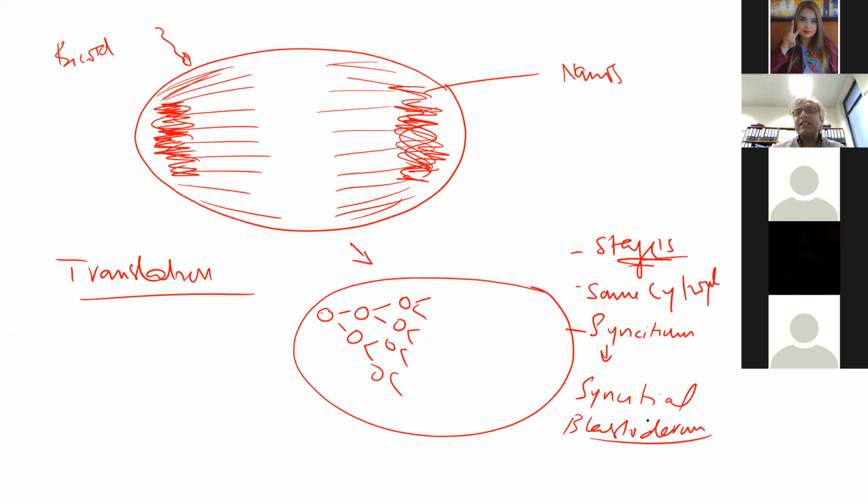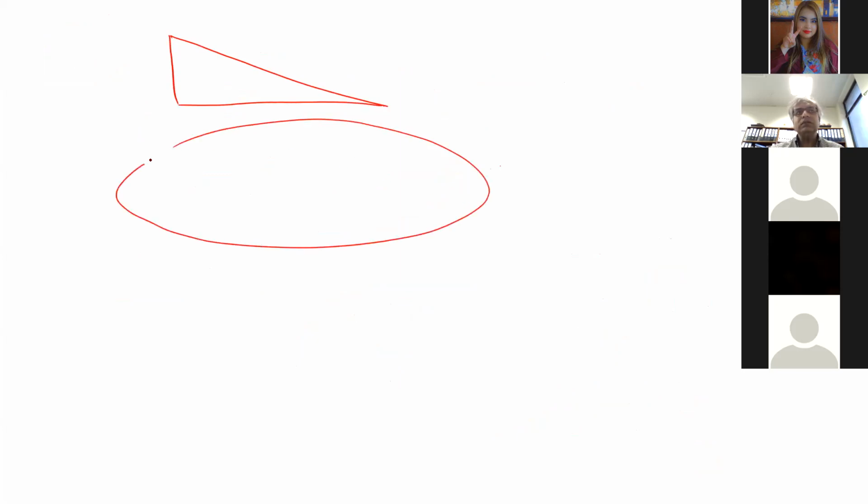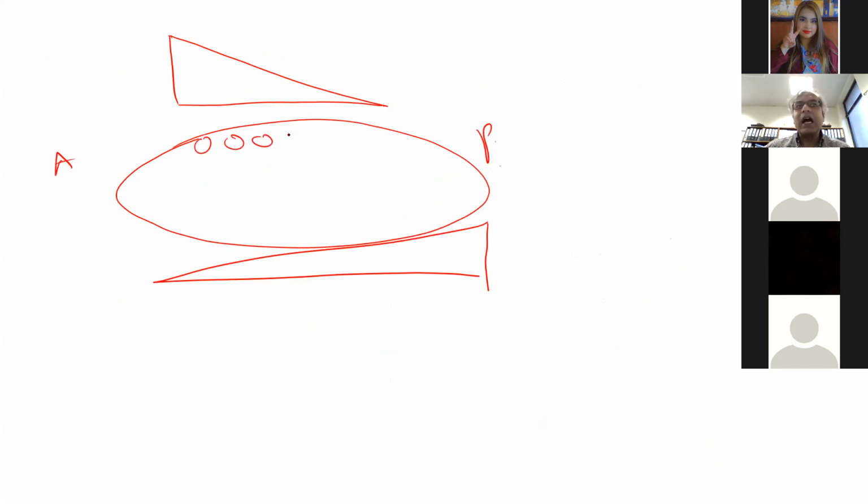Now, what does this syncytial blastoderm have to do with what we were talking about, bicoid and nanos? We said we will have an embryo, anterior, posterior. It got fertilized. Nuclei are there.